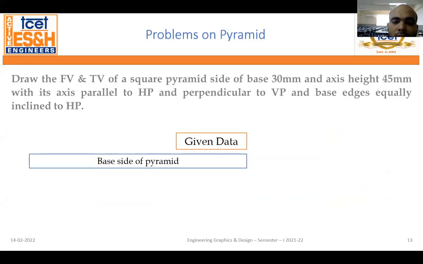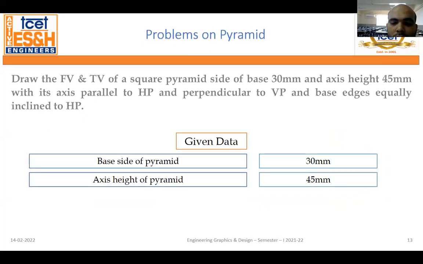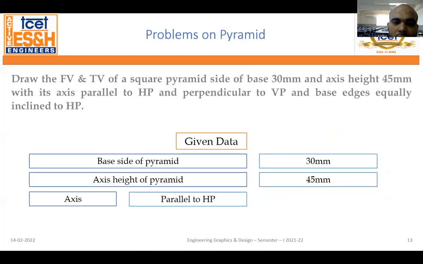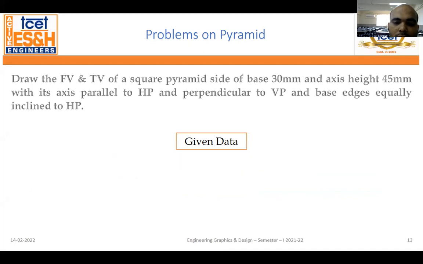Let me check if the solution is given, otherwise we have to draw it. So see how to do it.